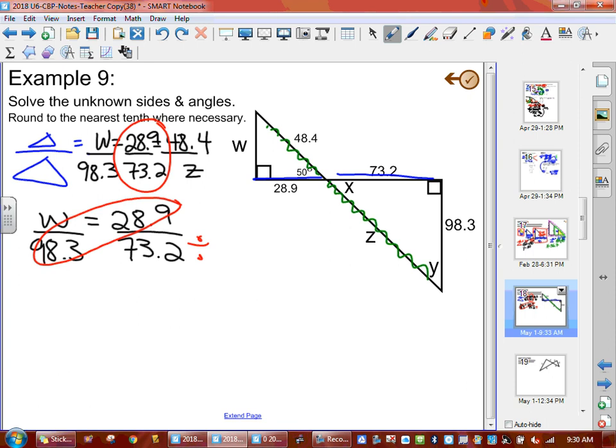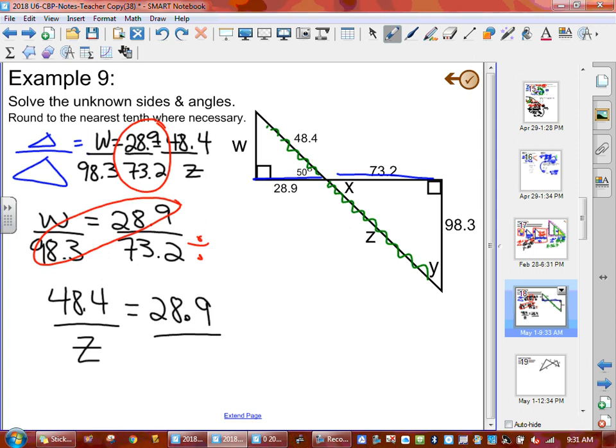And then we're going to do the same thing with Z. So we're going to find 48.4 over Z. And on this one, we're going to cross multiply this way and divide by what's left over.